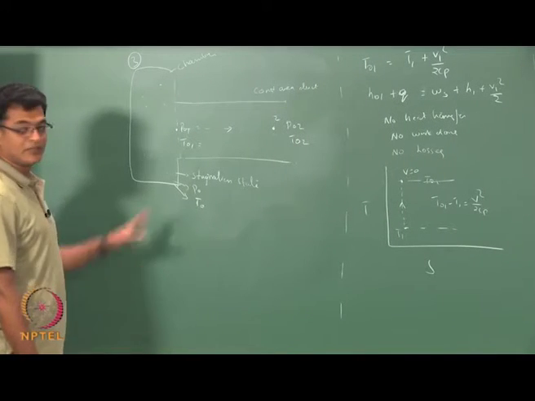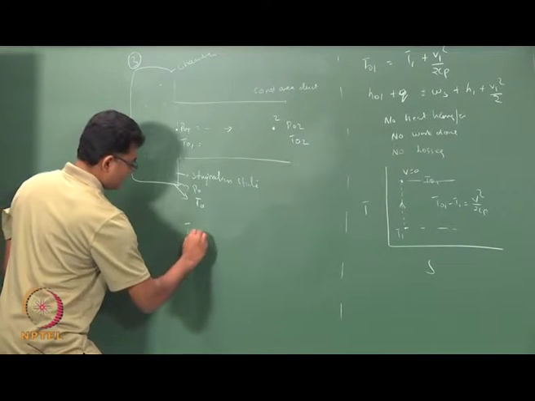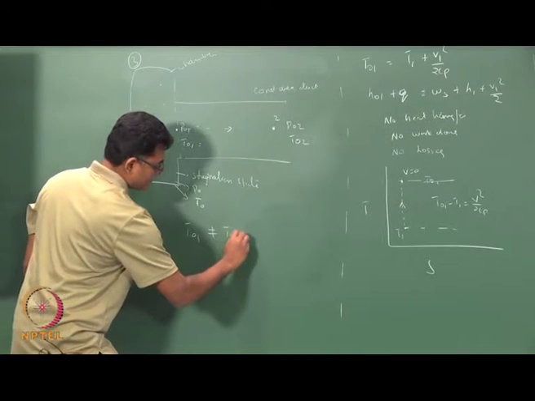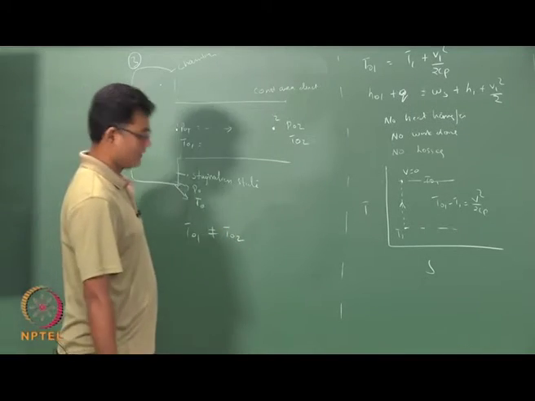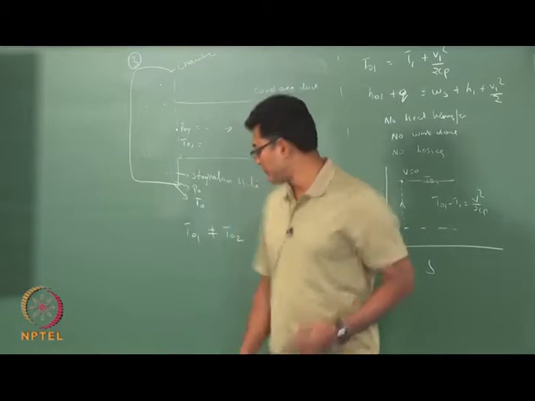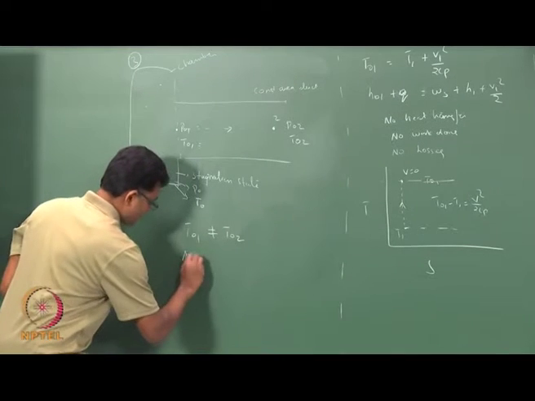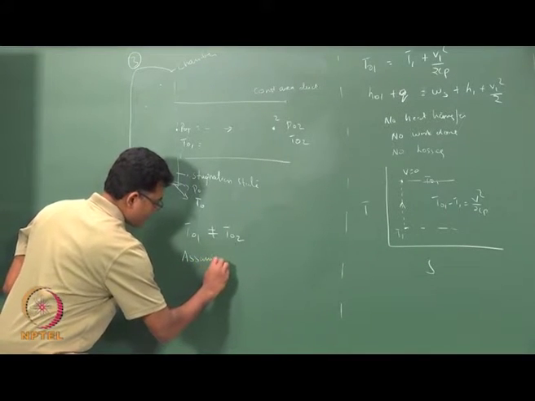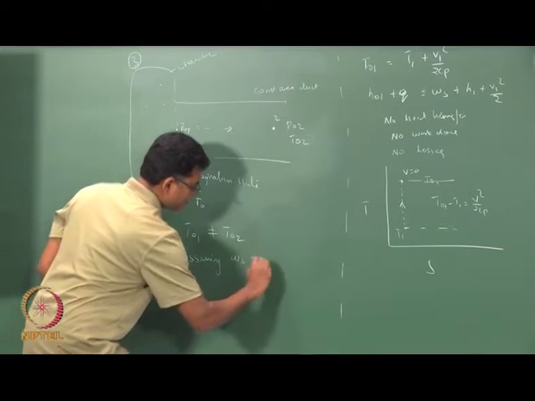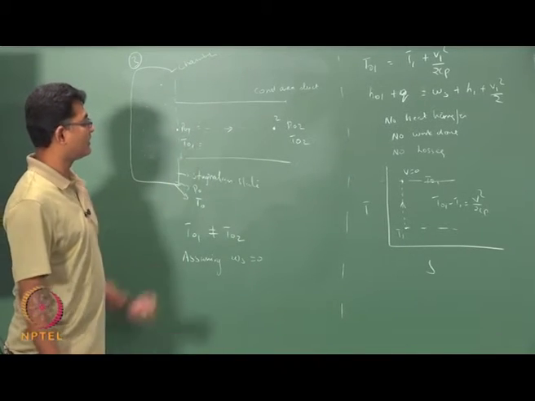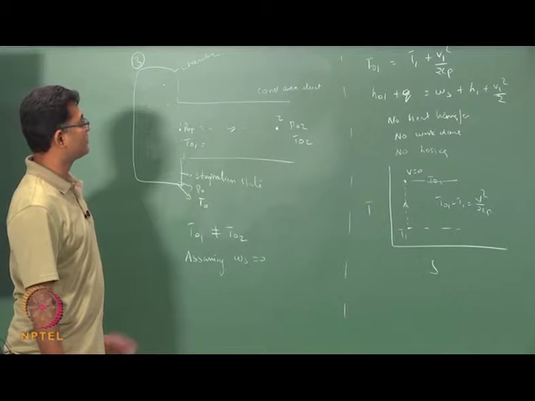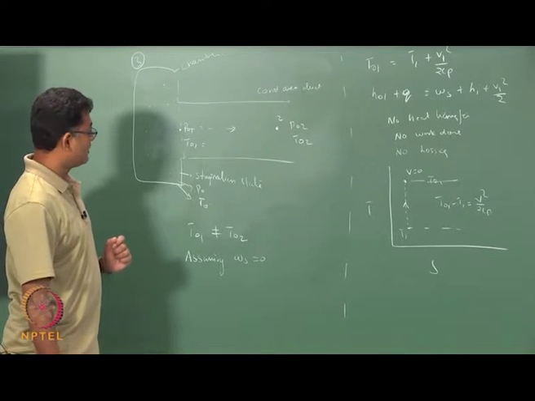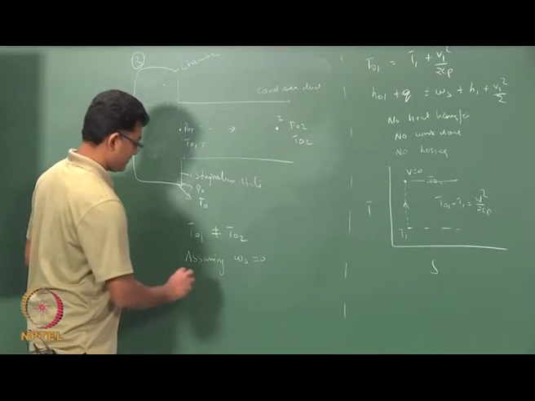Okay. For some reason your T01 is not equal to T02 because of your heat transfer, assuming Ws is 0, no shaft work associated with this fluid that is moving through the constant area duct, but there is some heat transfer that is happening.